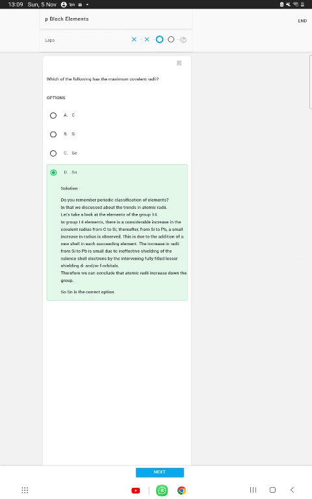You remember periodic classification in the discussion of atomic radii? Let us take a look at the elements of group 14. Increase in the covalent radius from carbon to silicon is large, and from silicon onward the increase in radius is small. This is due to the addition of a new shell in each succeeding element. The increase in radii from silicon to Pb is small due to ineffective shielding of the valence shell electrons by intervening fully filled s, d and f orbitals.